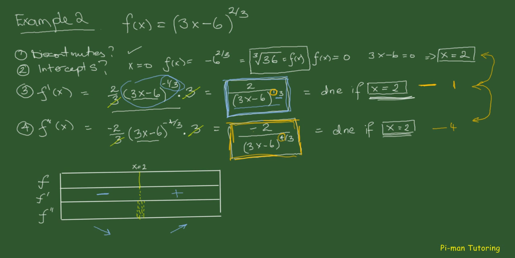But we have a negative 2 on top, and that means we'll be left with a negative value on the left-hand side of 2 in this case. Now what happens on the right-hand side? When x is greater than 2, the denominator is again positive, so the minus 2 on top again defines the sign of the second derivative.